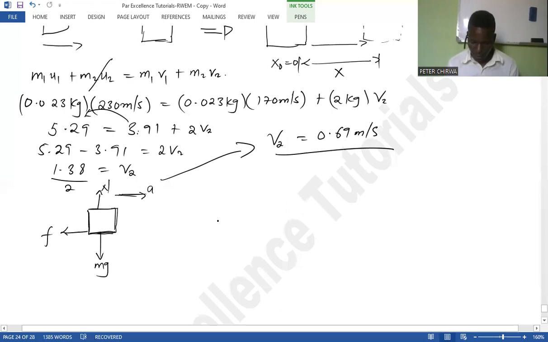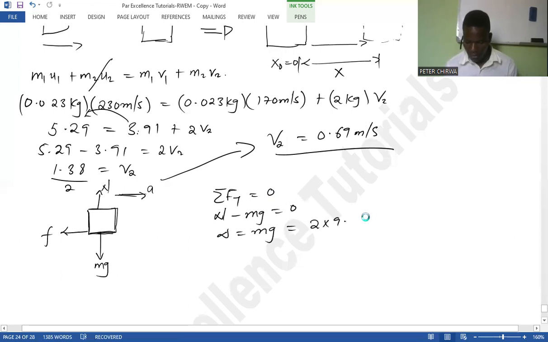So this is moving in that direction with that acceleration. Now the forces in y equal 0. So we have normal force minus mg equal to 0, the normal force being equal to mg, or 2 times 9.8 Newton, of course. This gives us 19.6 Newton.